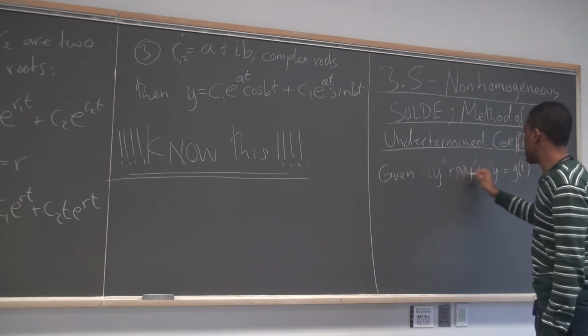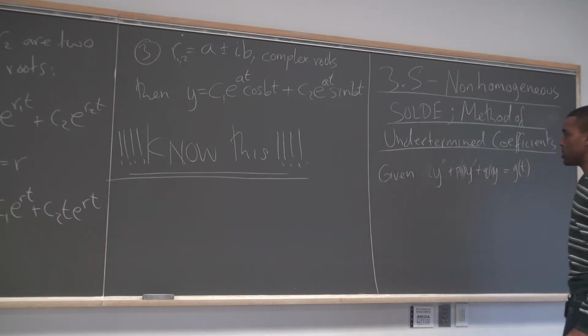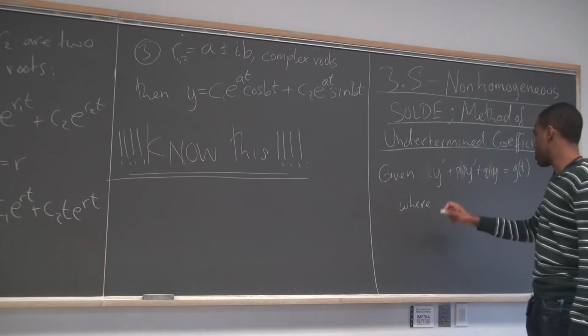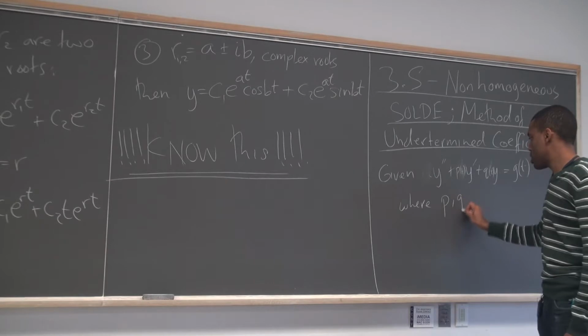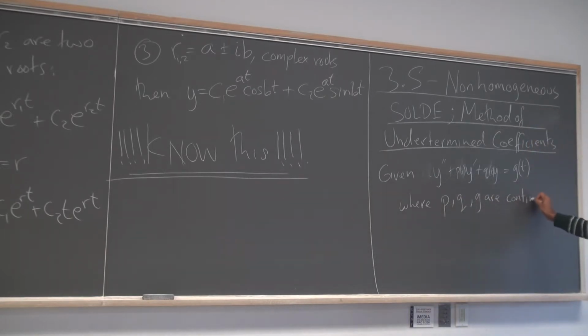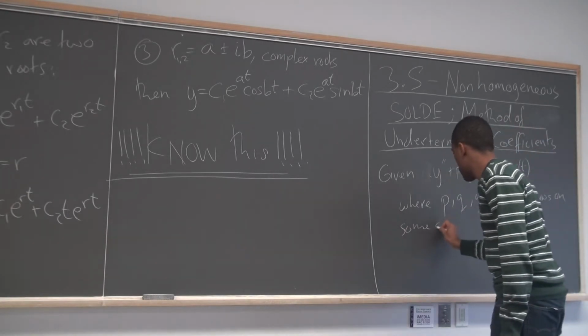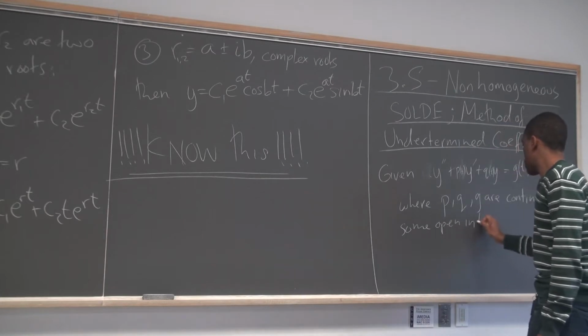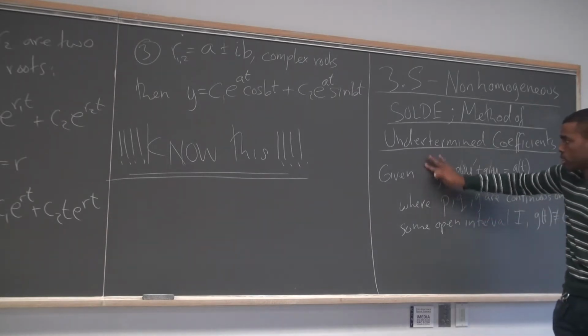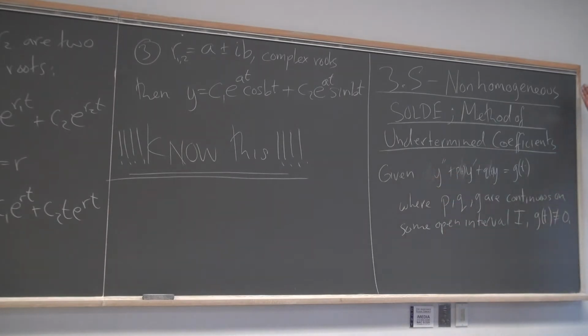Okay, p of t, q of t, g of t, where we're assuming the nice situation, these are all continuous on some open interval, and that's the interval we care about. p, q, g are continuous on interval I, and g of t is not identically 0, which means it's just a general function that's not always 0, right? So we're not in the homogeneous case anymore.